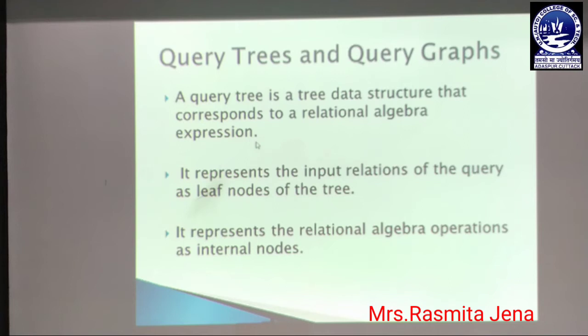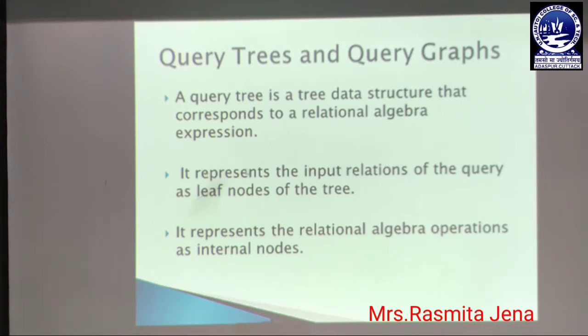Whenever we form the query tree for a particular relational algebra expression, we see which is the root node of that tree, which is the internal node, which is the leaf node, and what the edges of the tree contain.